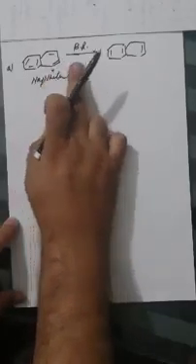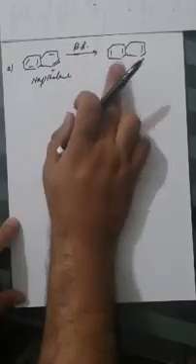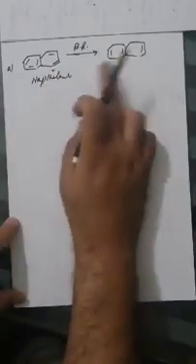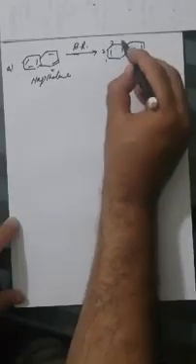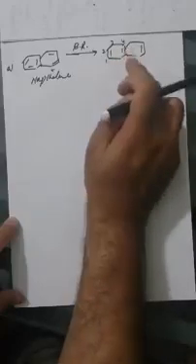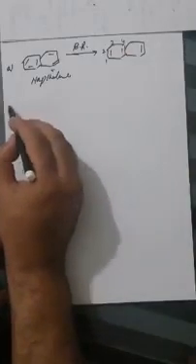So they undergo the Birch reduction. They undergo only partial reduction and change into a 1,4-diene system. See, 1, 2, 3, 4. 1,4-cyclohexadiene.